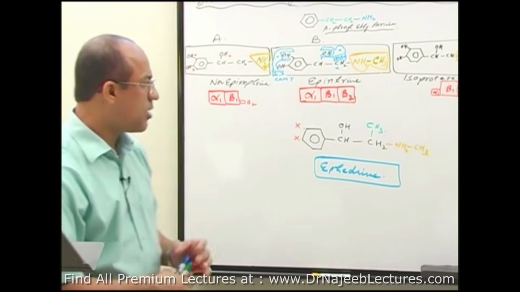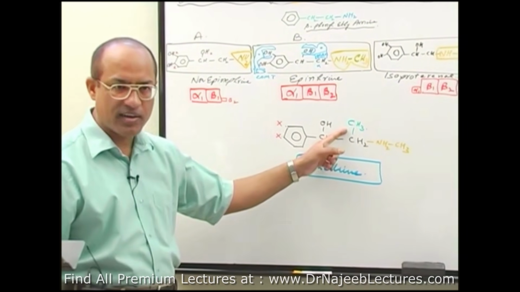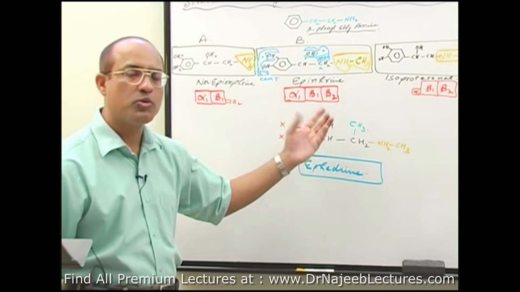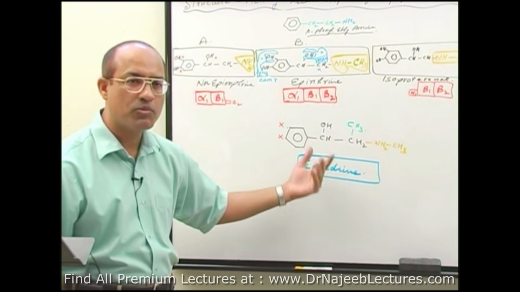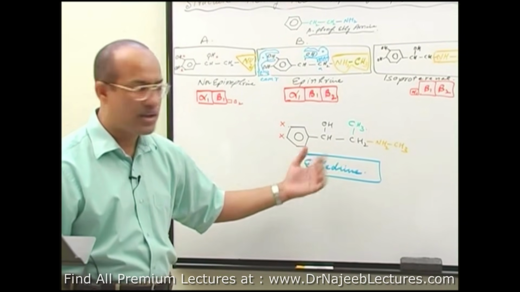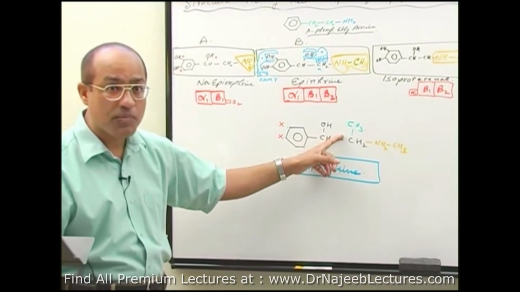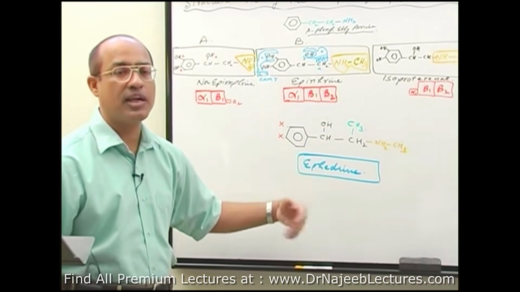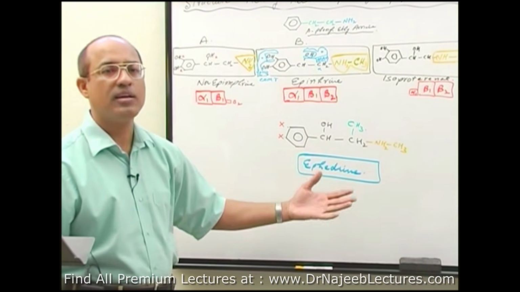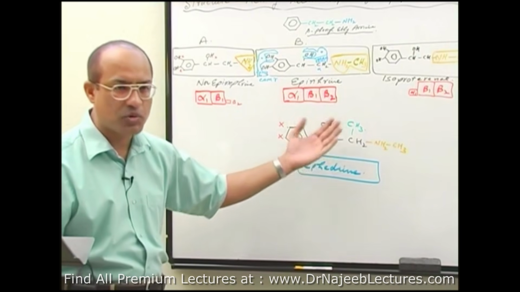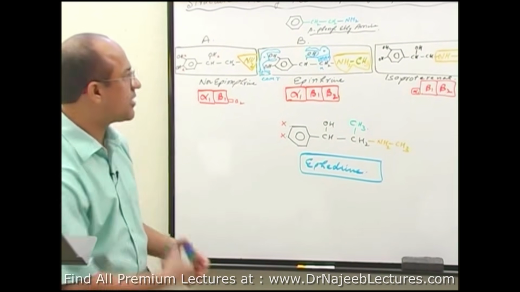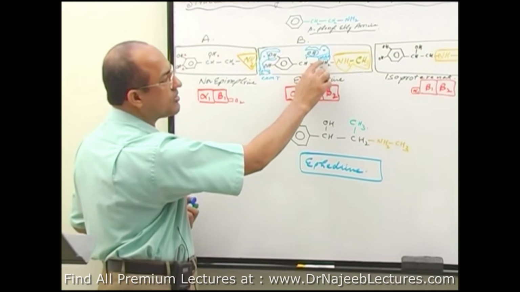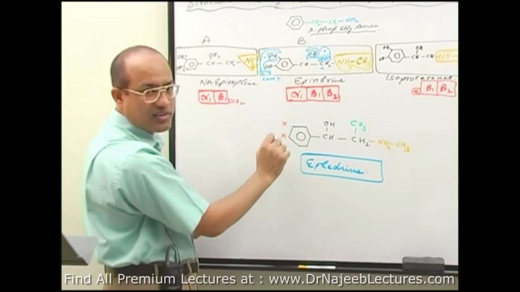Another thing, because we added a methyl group here, we make this compound more lipid soluble. And when we make this compound more lipid soluble, that again helps absorption from the GIT, helps in crossing the blood-brain barrier and having more action in the central nervous system. Is that right? Another thing, as you know, this is the enzyme monoamine oxidase.